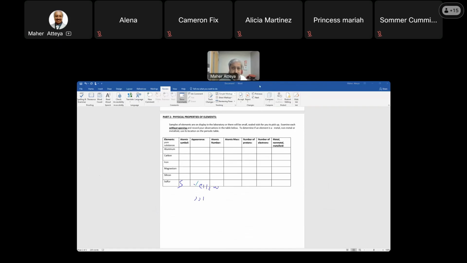So let me write it here. This one here is S. This one here, appearance is yellow solid.